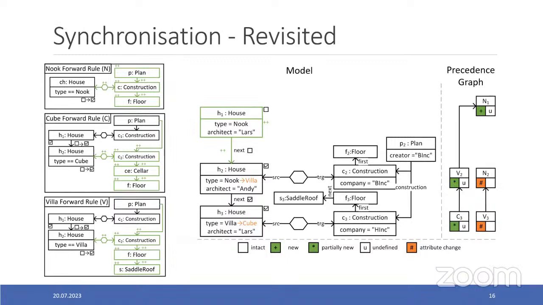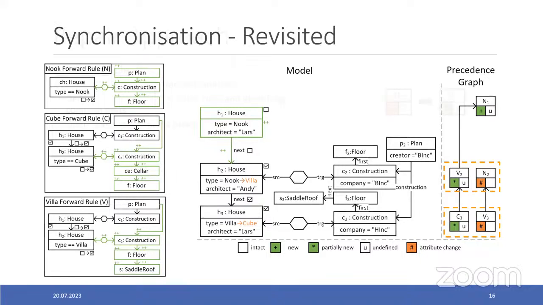If we just take a step back to the point before I started synchronizing anything, then you will see what I pointed out earlier, that I do not only have information about the things that have become inconsistent, but also about the place where I want to transform to, how I want to repair things. So I probably want to replace the nook rule application, which has been broken, with a villa rule application.